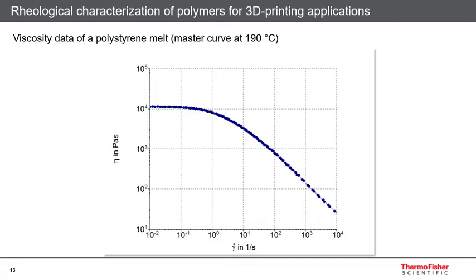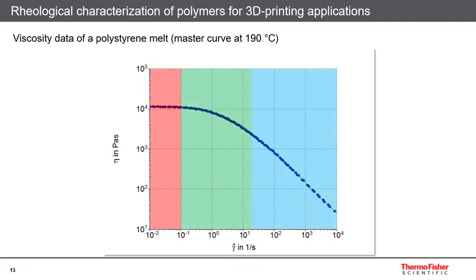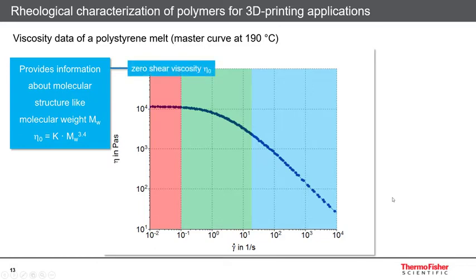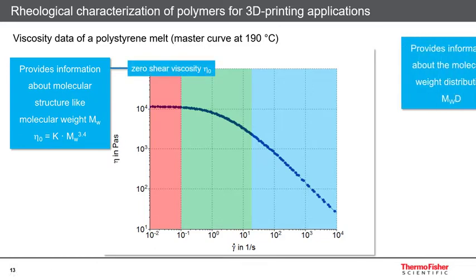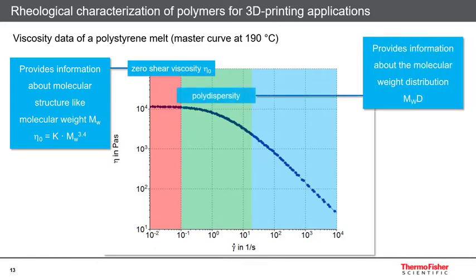The viscosity curve can be divided into three different segments. At low shear rates, we see the constant zero shear viscosity that is linked to the molecular structure of the polymer. At medium shear rates, the viscosity starts to decrease and we observe a transition with a decreasing slope for viscosity as a function of shear rate.